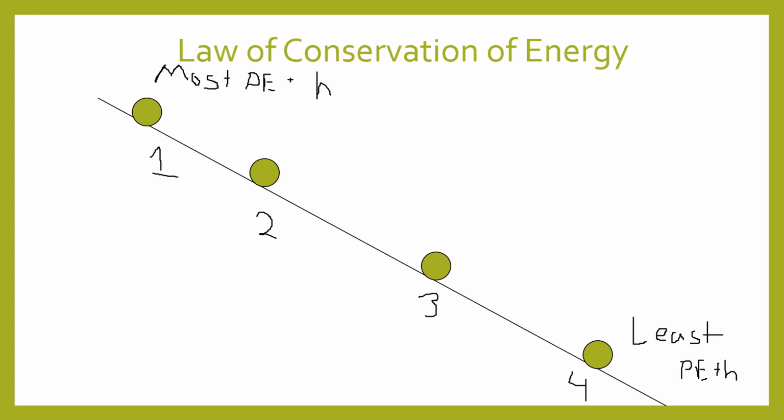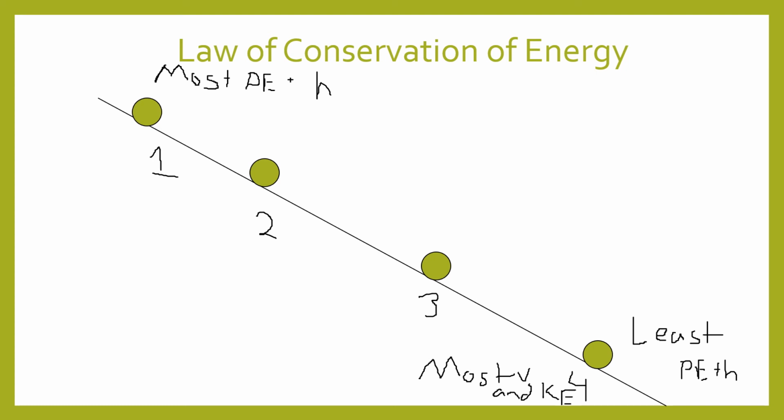So how does kinetic energy factor into this? If you drop a ball down the hill, when is it going to be going the fastest? At the bottom. I think that's obvious. So at the bottom, we could say it has the most velocity and KE.